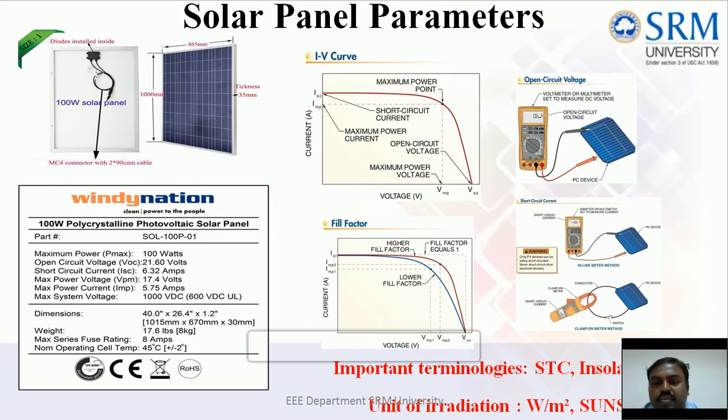So 1 sun is equal to 1000 watt per meter square, and 25 degree centigrade. The two parameters which are very crucial are the temperature and insolation. So the insolation is 1000 watt per meter square and 25 degree C for the standard test conditions.